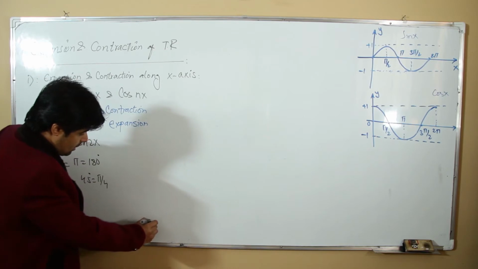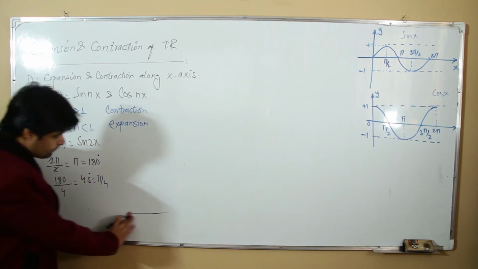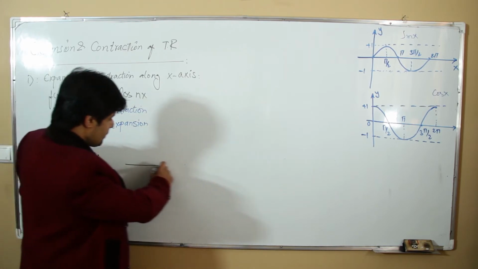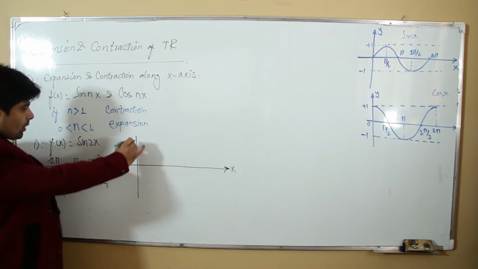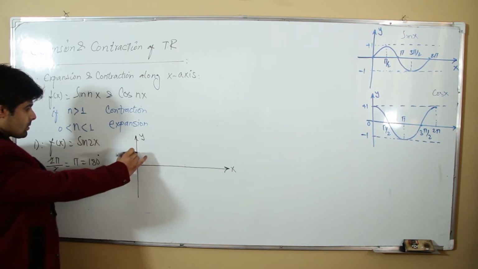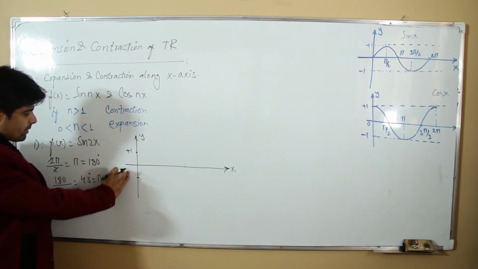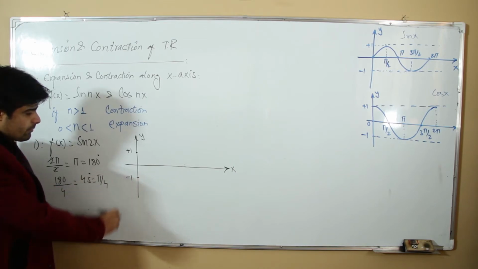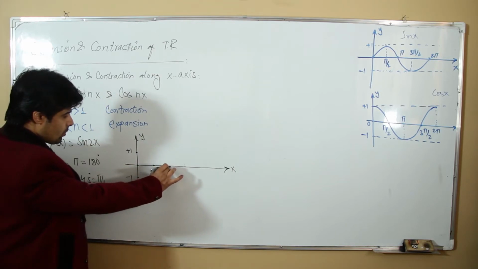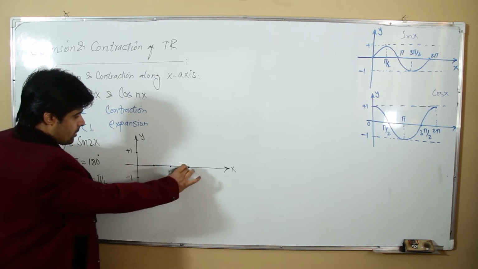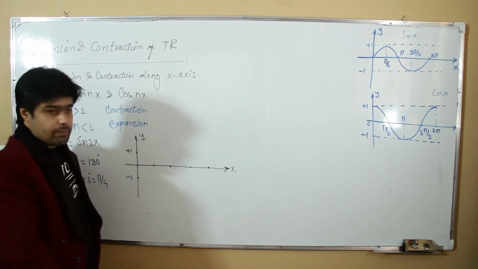In here, this is your x-axis, this is your y-axis, this is positive 1, this one is negative 1. Am I right? At first we had 0, pi by 2, pi, 3 pi by 2, and 2 pi. This was our previous one.